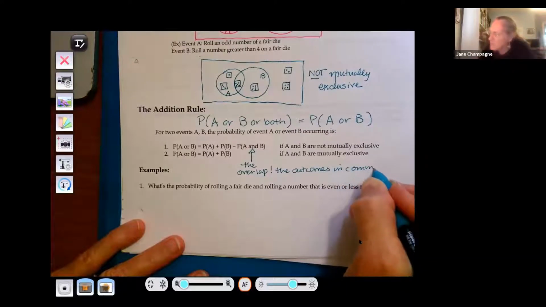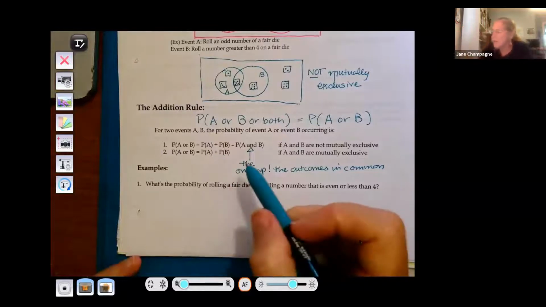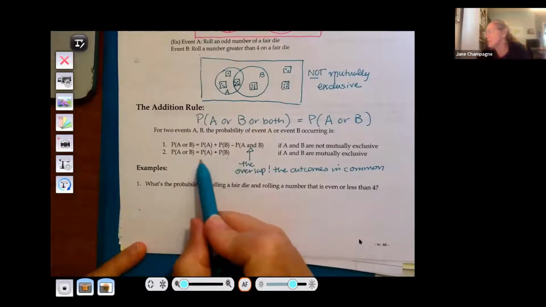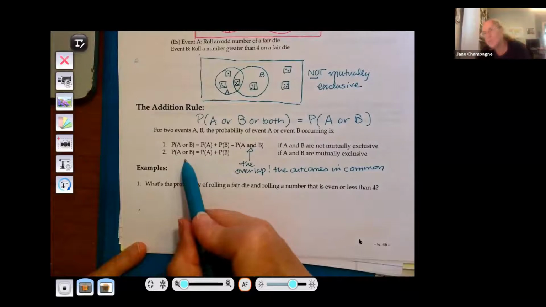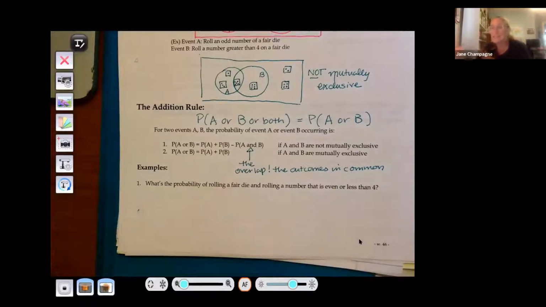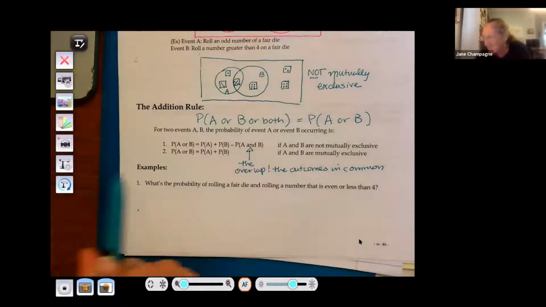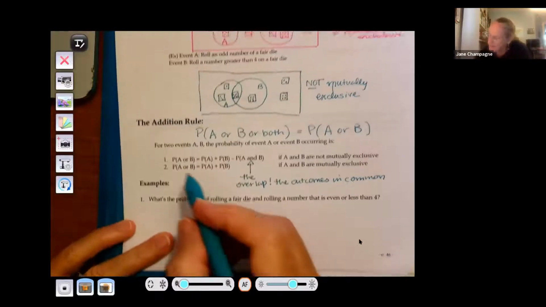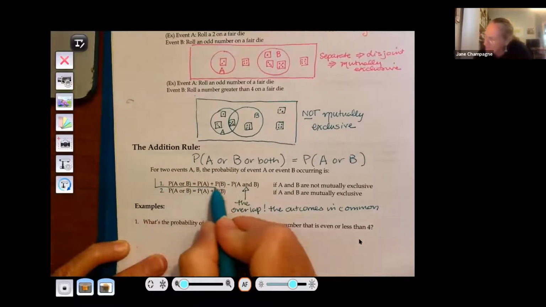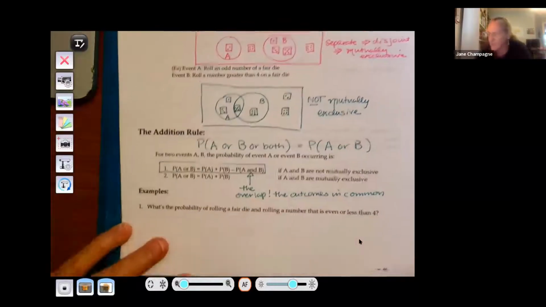So you have to look at what's the probability that they happen at the same time. It's just that if you have mutually exclusive events, the probability that they happen at the same time is 0. So you subtract 0. So the addition rule is really always this. It just simplifies in the case that the events are mutually exclusive.